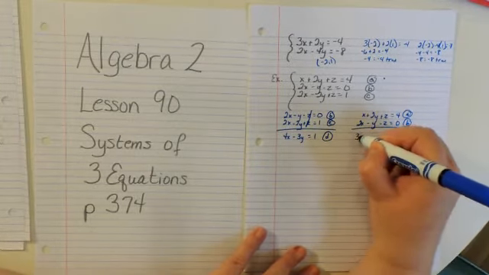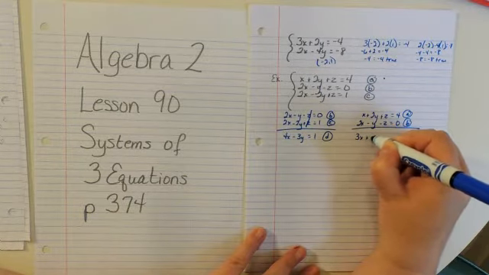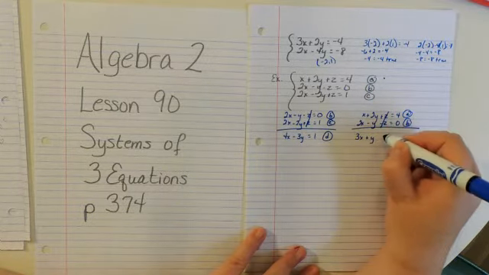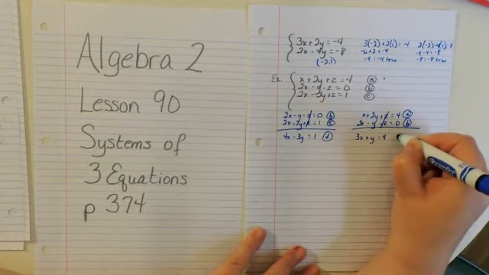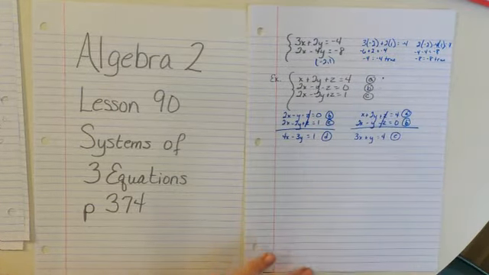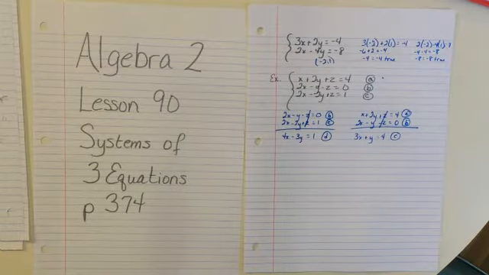So we'll have 3x plus y, the z's cancel, equals 4, and this one we're going to call E. Okay, so now we have 2 equations with just x and y.